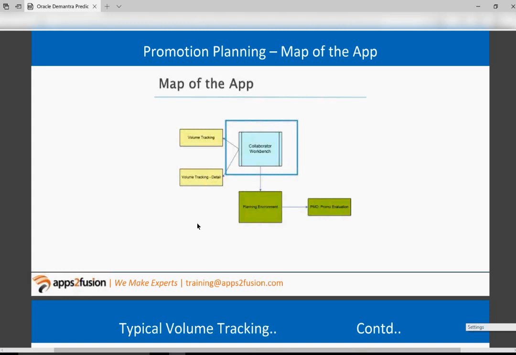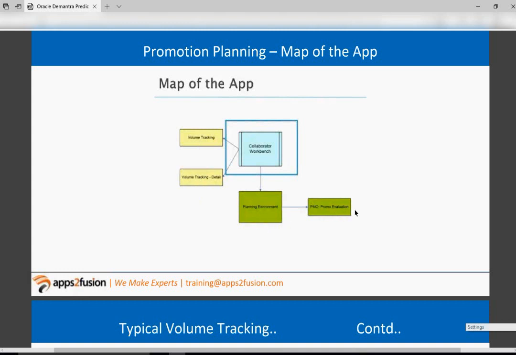So in this particular slide, I am reflecting a typical promotion planning process run by a company which tracks their volume. Volume tracking is all about tracking both these key outputs of a trade planning system, which are the base forecast and the incremental forecast.